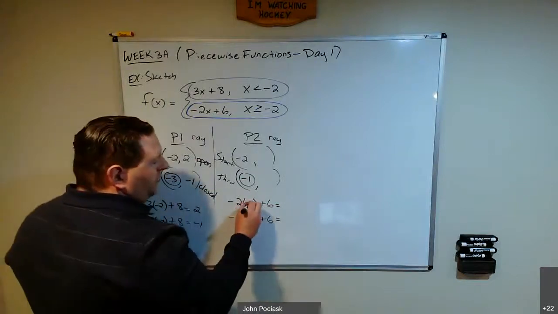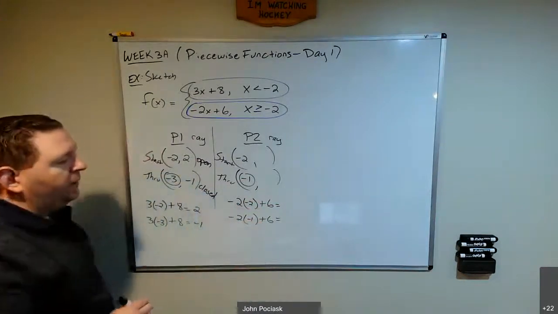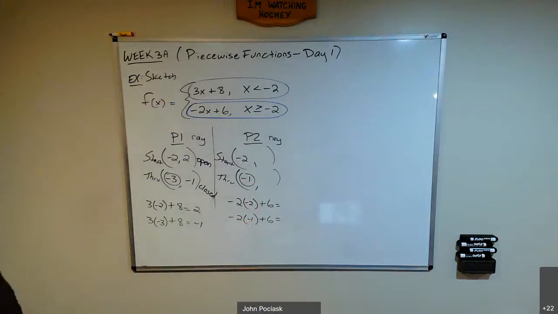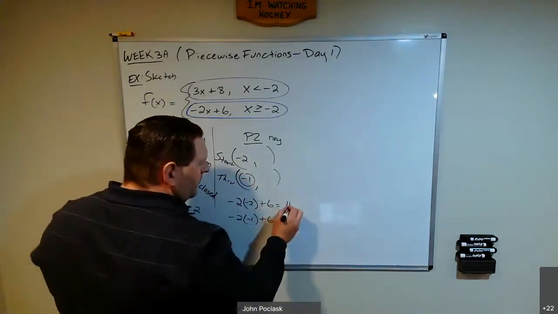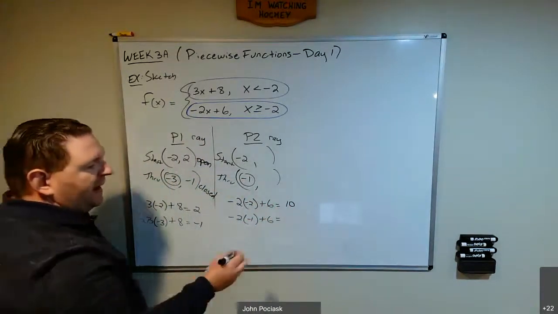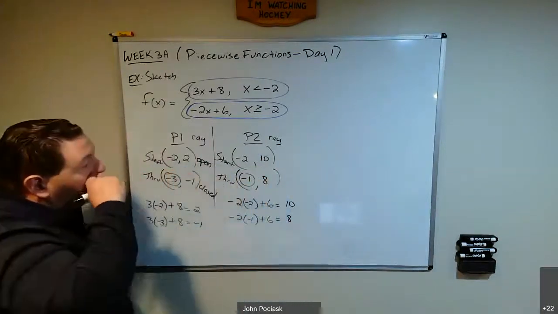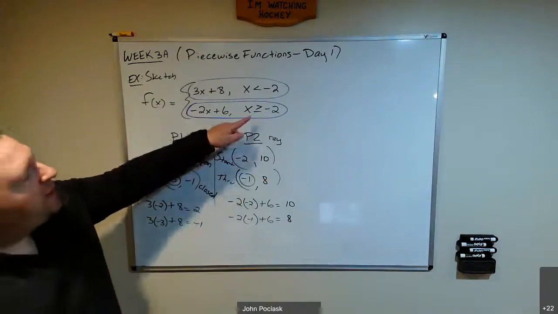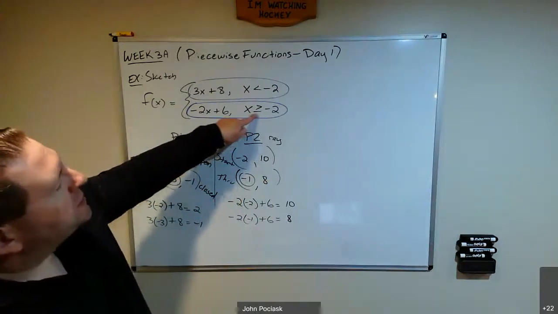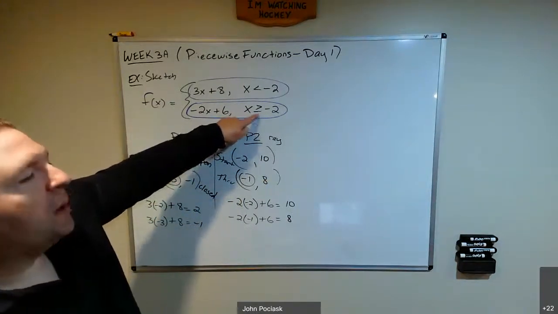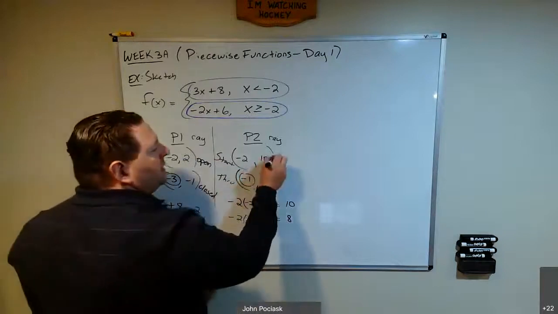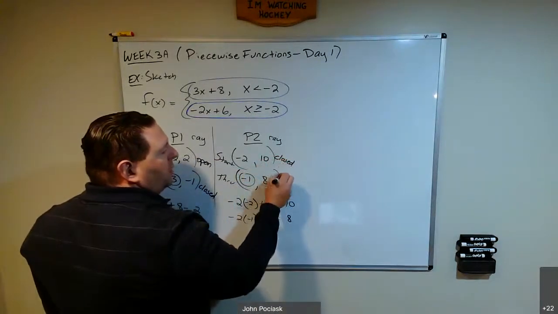So -2, -1. So the top one gives me 10. Bottom one gives me 8. I look at my inequality. The one that they gave me has an equal sign under it. That means the start point of the ray is closed. And then through points are always closed.